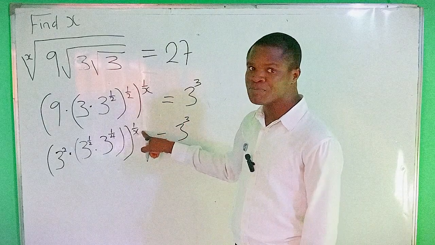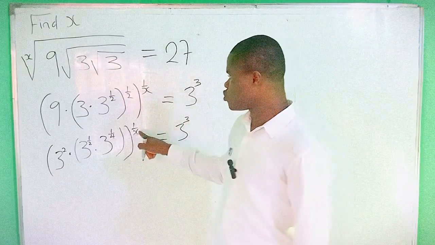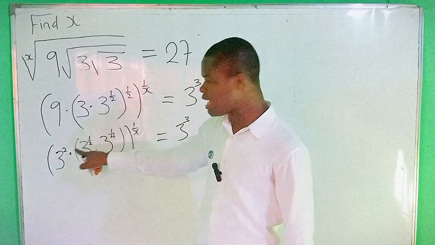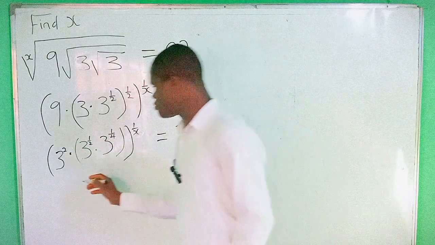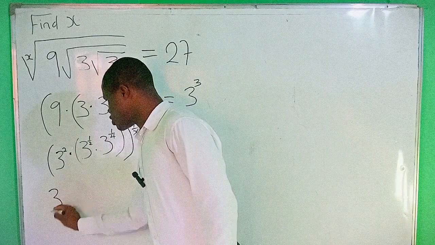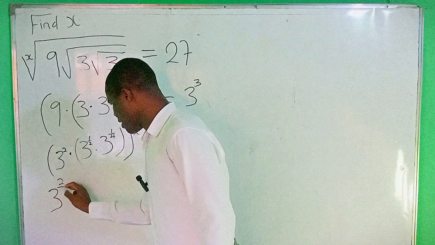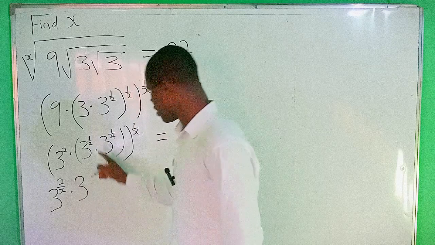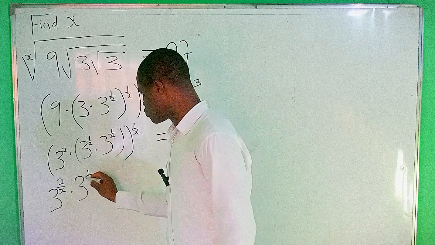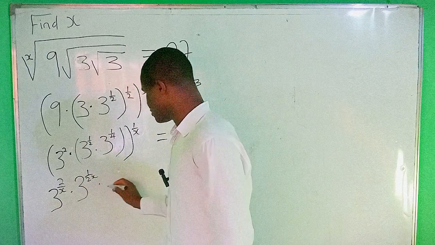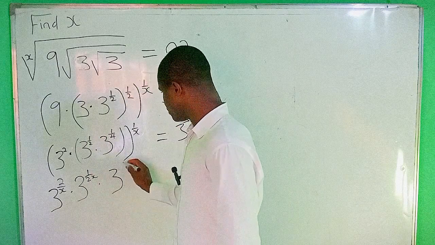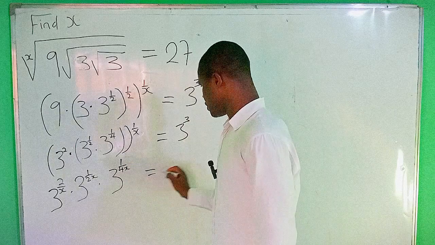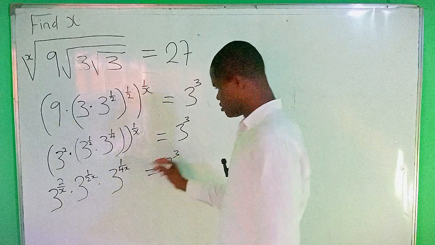Applying the power law here also, we multiply 1 over x by each power. So this becomes 3 raised to power 2 over x times 3 raised to power 1 over 2x times 3 raised to power 1 over 4x. This is equal to 3 raised to power 3.